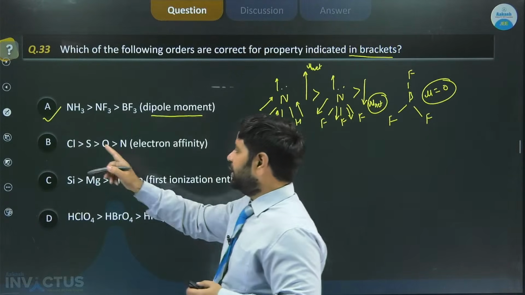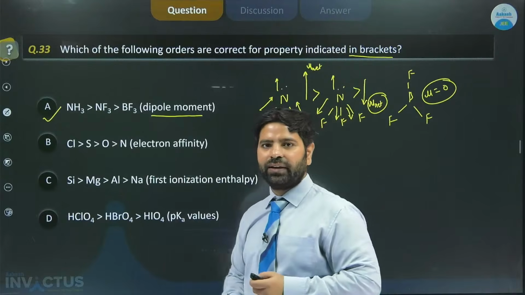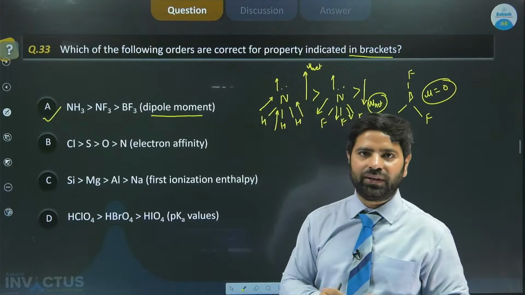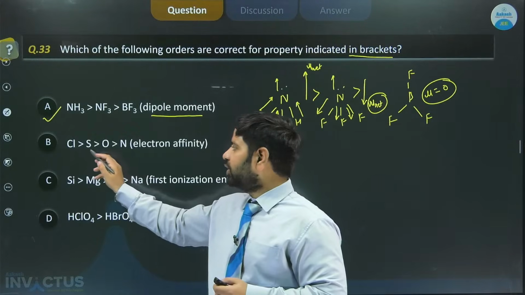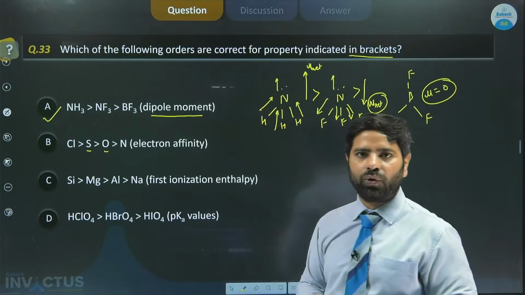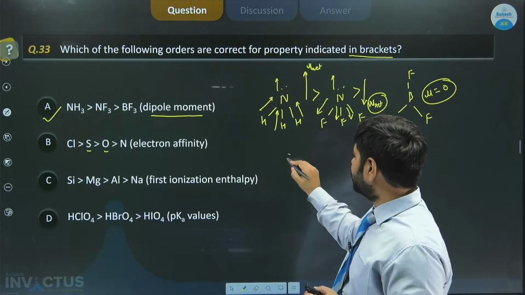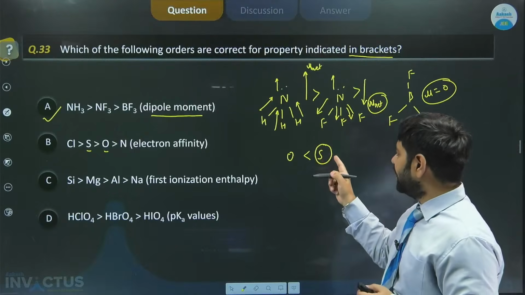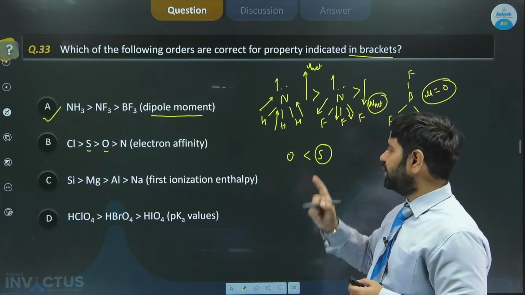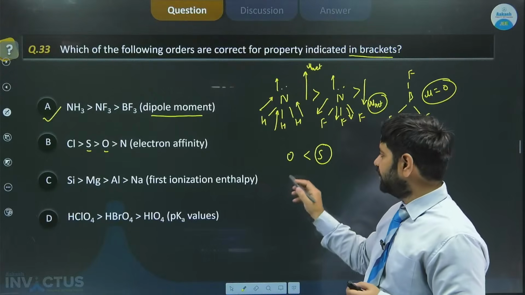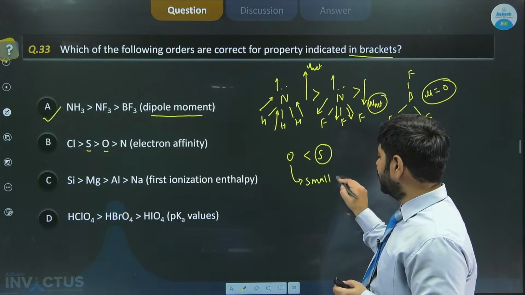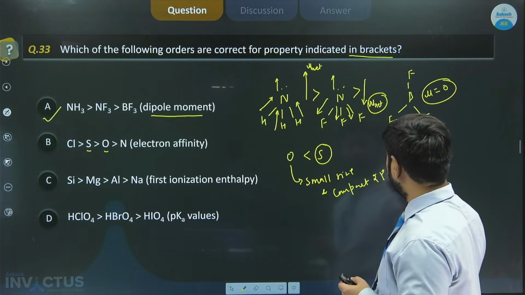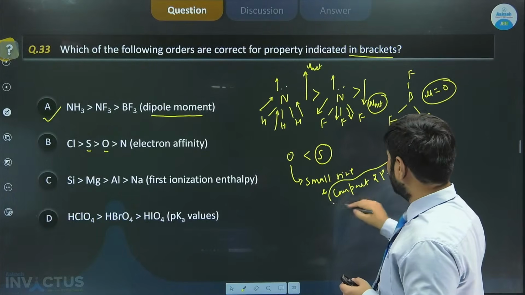This option is correct. Chlorine, sulfur, oxygen, nitrogen: what is the electron affinity order here? Chlorine has the most electron gain enthalpy in the periodic table, we know that. Sulfur and oxygen, in group 16, the electron gain enthalpy of sulfur is more than the electron gain enthalpy of oxygen due to the smaller size and compact 2p subshell of oxygen.